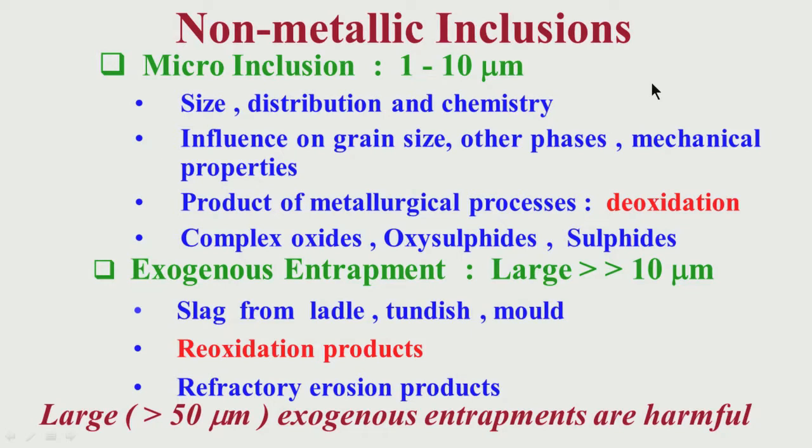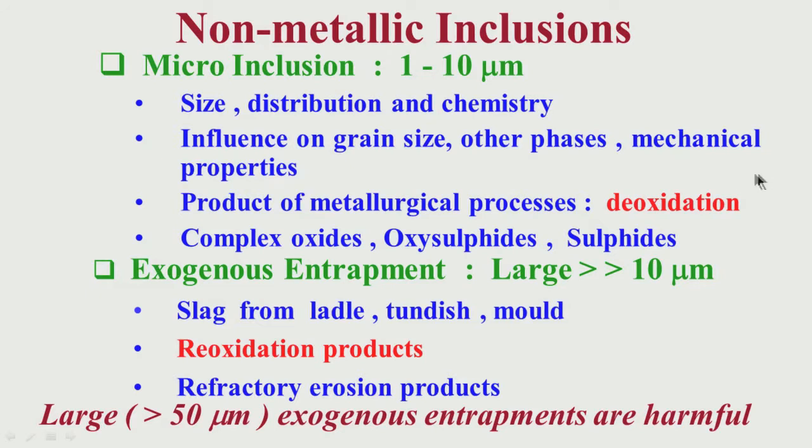But what is important here is what their sizes are, what their distribution is, what their chemistry is, what type of inclusions are there, and what the amount of inclusions is. Now, they have influence on the grain size; they might control the grain size in the steel. They might generate other phases in certain cases, as they may act as nuclei for other phases to form.